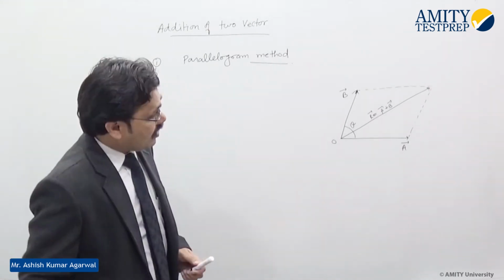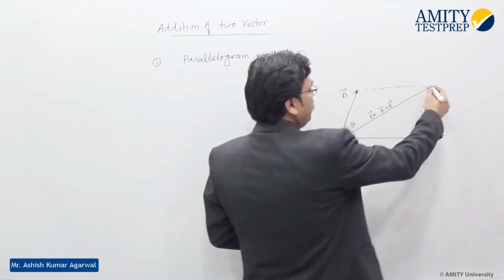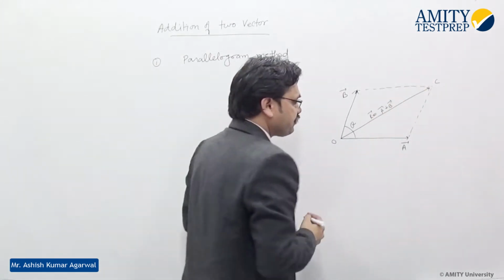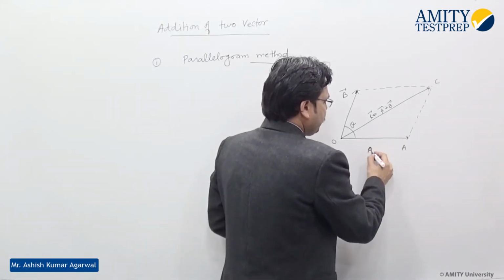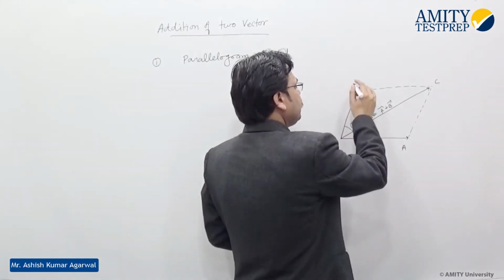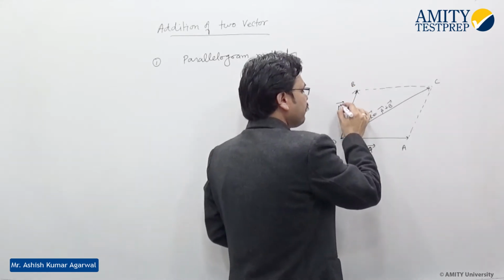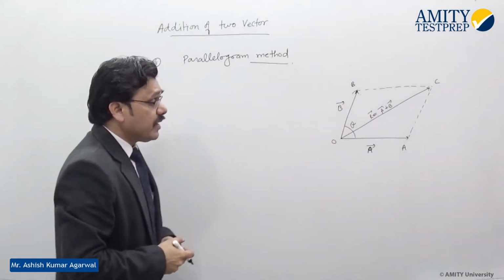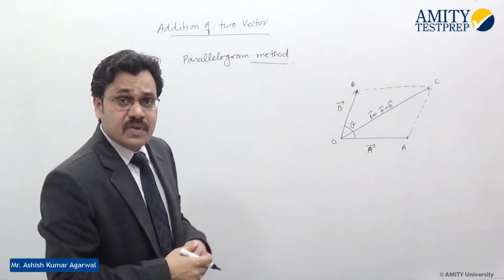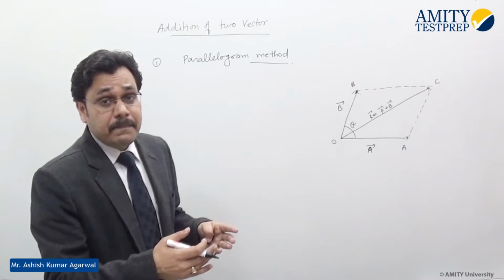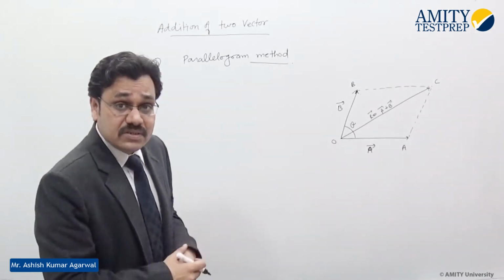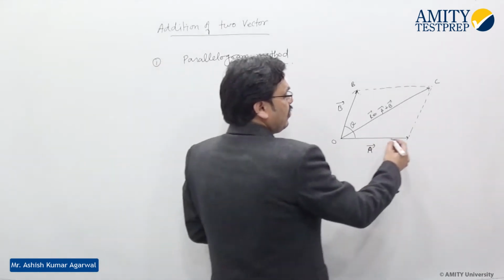Now I want to find out, let this point be C and this point be A, and this is vector A, and this point is B, this vector is B. Now I have to find the magnitude of R. For that I have to make a Pythagoras triangle, a right angle triangle.